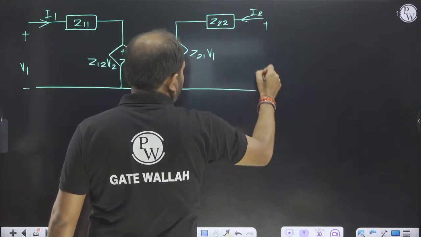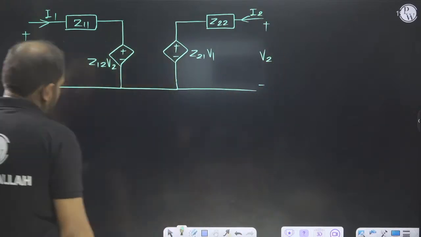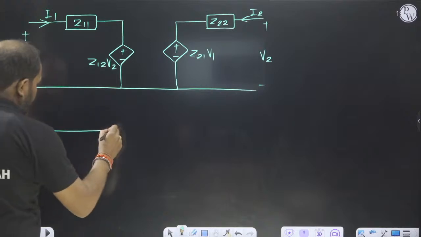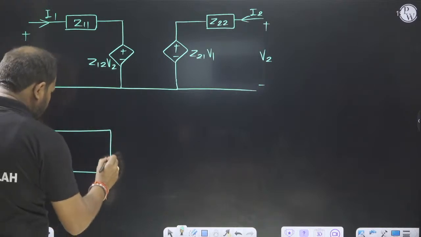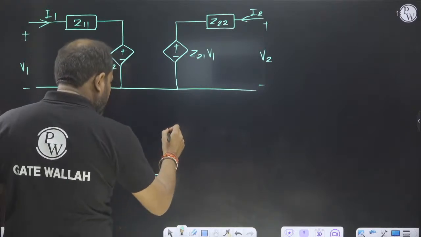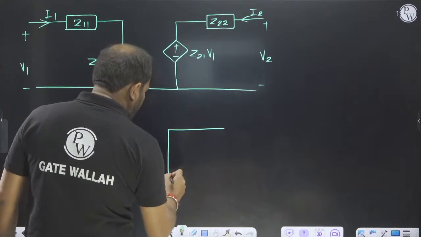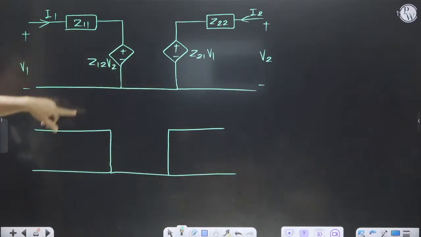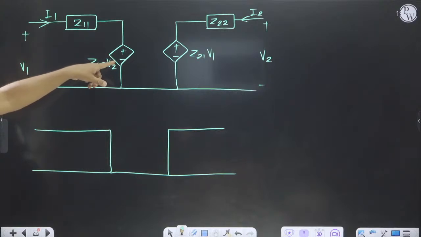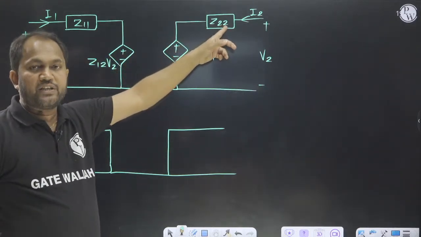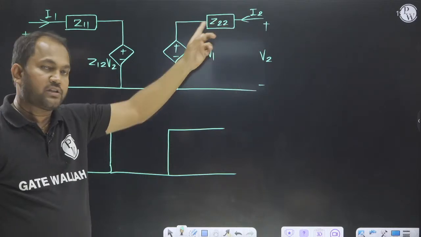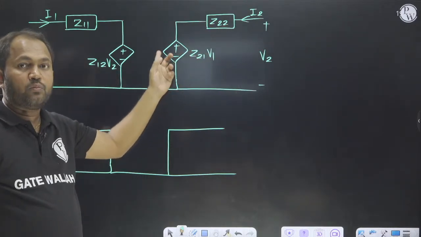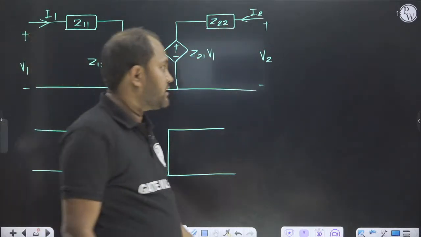If we have a circuit like this, in exam it will be given like this. So what will it be representing? Z is 0, the voltage source is replaced by short circuit. Impedance is 0, it will be replaced by short circuit.